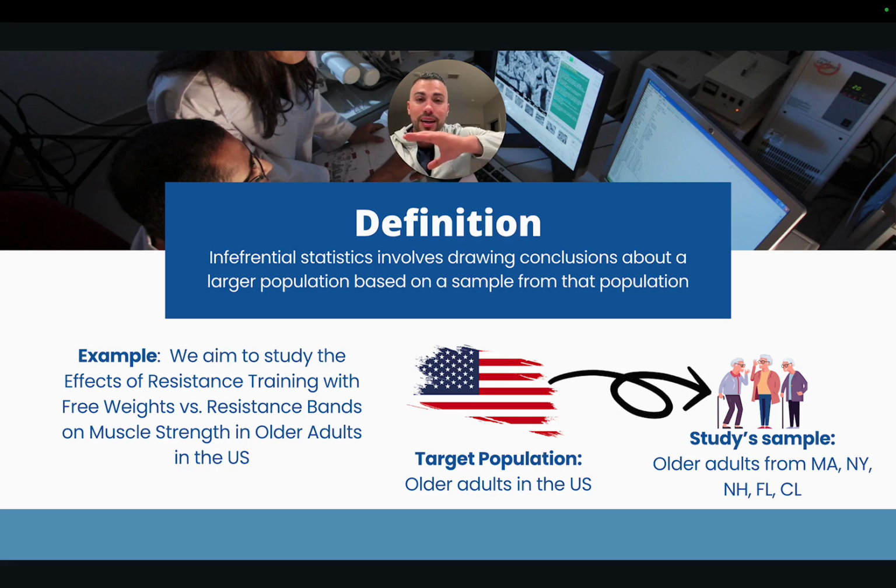If we want to study all the older adults in the US, it will take us years, it will cost a lot of money, so the option that we have is studying a sample from that population, which in this case will be older adults from 5 states. Then, with that information, we can make conclusions and extrapolate that information to our target population.